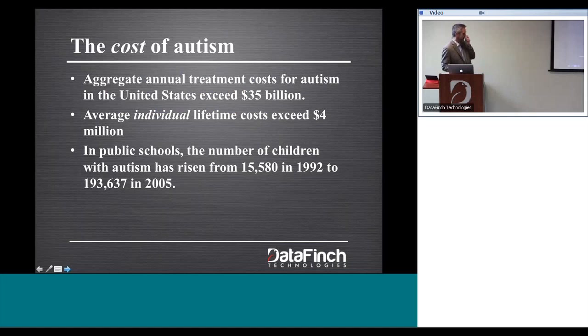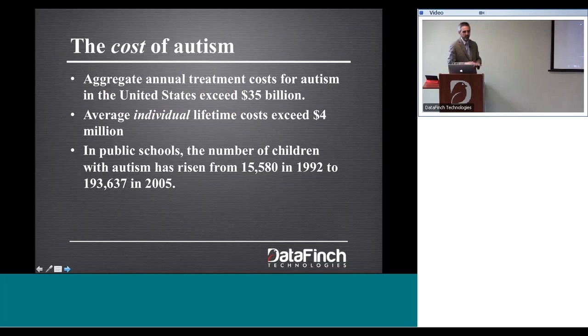So these numbers really get outdated every year, if not even every day, but this is probably a conservative estimate. We collectively in the United States probably spend at least $35 billion, with a B, dollars every year just to keep our heads above water treating autism.